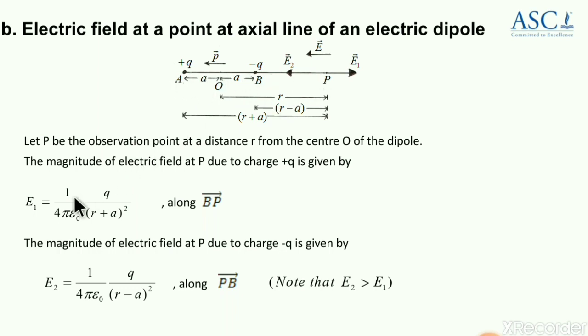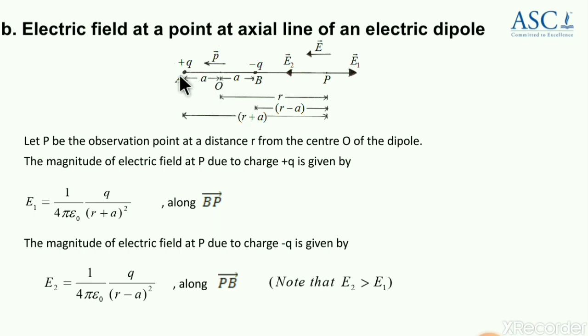Now how to express it? According to the formula of electric field, E1 equals 1 by 4 pi epsilon naught, Q divided by r square. In the place of r square we have written (r plus a) the whole square, because from this plus Q charge till the point P, the total distance is, as I told you, from the midpoint till P is r, and the distance from A to the midpoint is small a here.